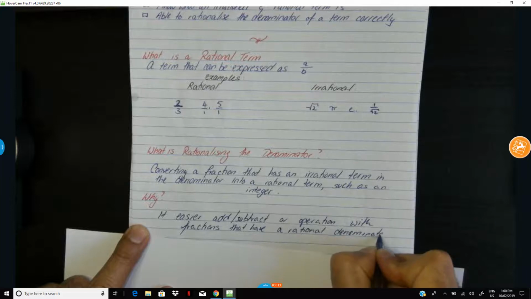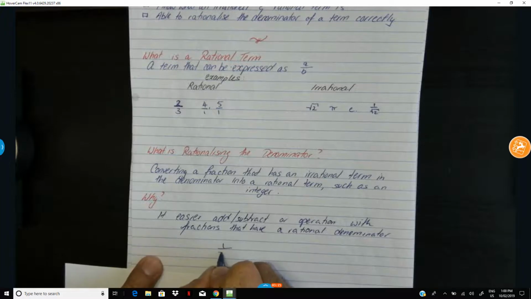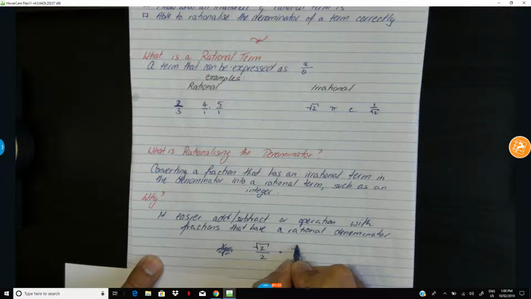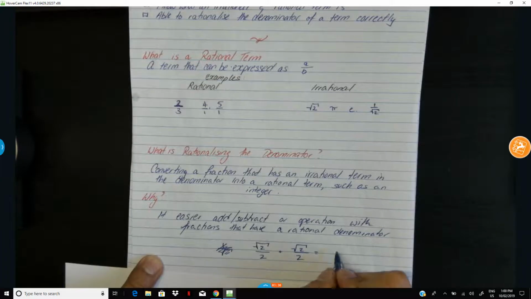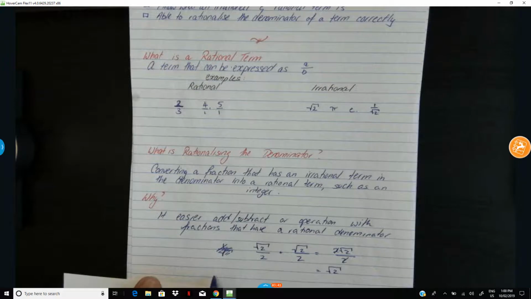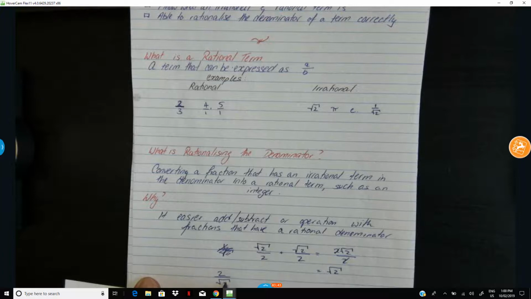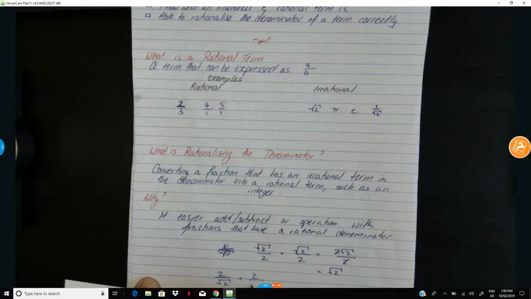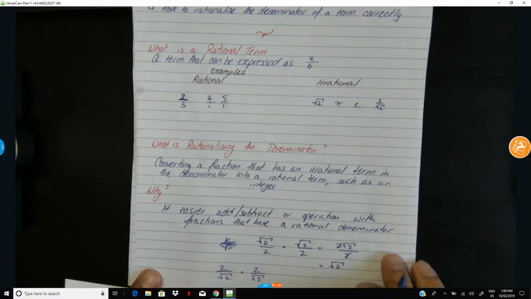For example, it is easier to add square root 2 over 2 and another term like it, add those together, rather than having an irrational term on the bottom. This is a lot harder to do. Okay, so there we go.